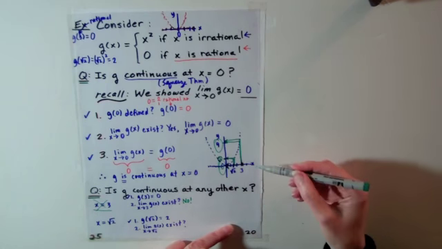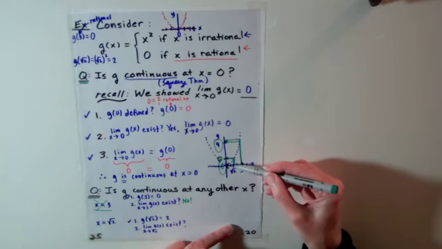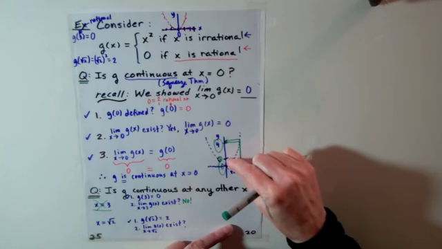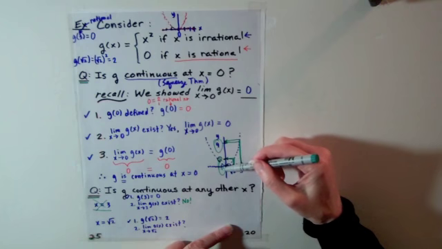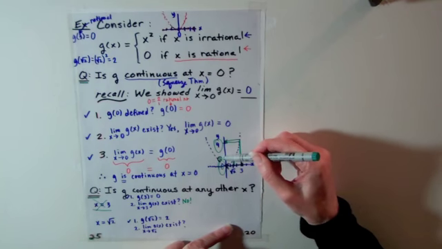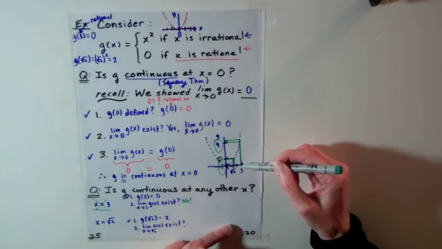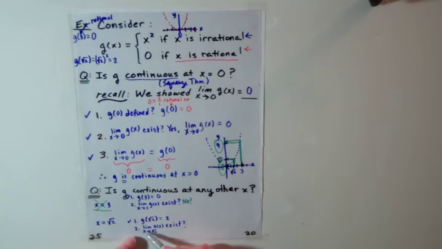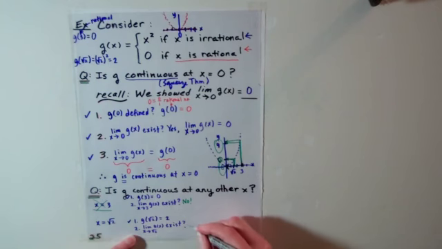And so when I ask the question, as I approach square root of 2 from the right, do the y's collect around a single number on the y-axis? The answer is no, they don't. They collect around two different numbers, namely 0 and 2. And so the limit as I approach root 2 from the right of g of x does not exist. And therefore, the overall limit as I approach root 2 from both directions does not exist.